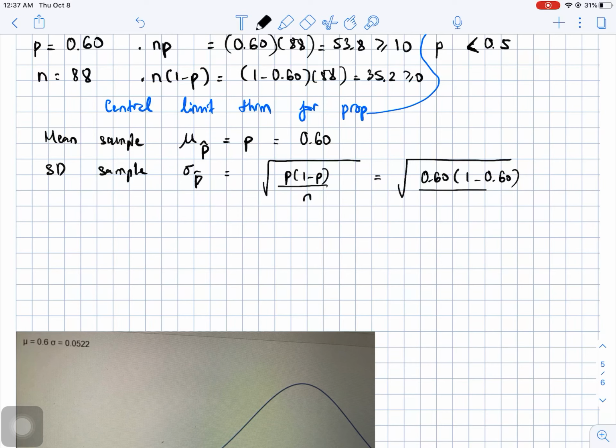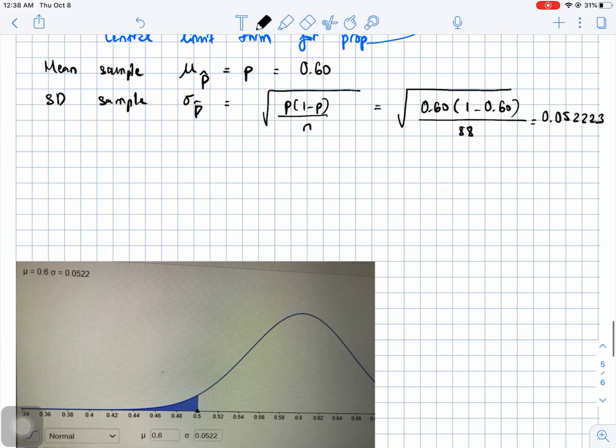The p is 0.60. And now we calculate the sigma of p hat is 0.60 times 1 minus 0.60 divided by n, which is 88. We calculate this number and we got the answer is 0.052223.